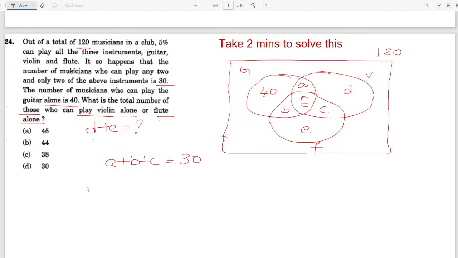So if I take A plus B plus C, plus all the three combined, which is 6, plus this 40, plus this D, plus E. So when we add 40, D, E, A, B, C and 6, you would get 120.